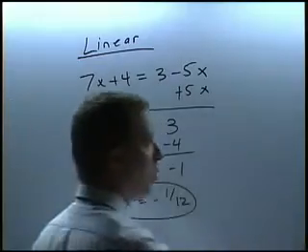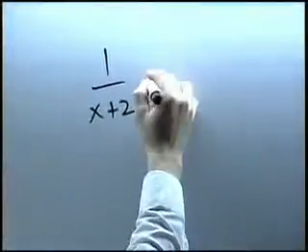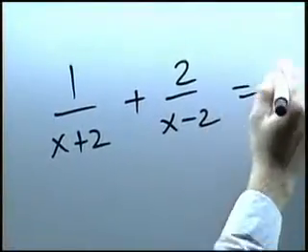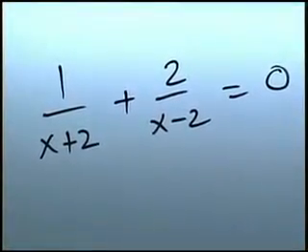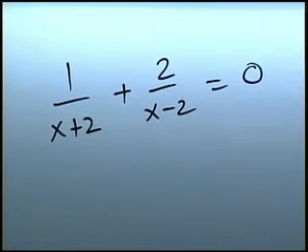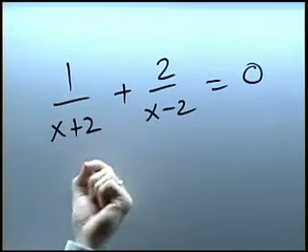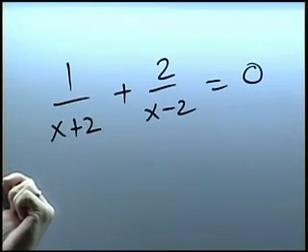What if we're working a rational equation? 1 over x plus 2, plus 2 over x minus 2 equals 0. So the one that I had before is a rational equation, and we want to solve this. How do we solve this particular equation? Well, probably the first thing to do is what we did earlier, which is to join these two together as one single fraction.